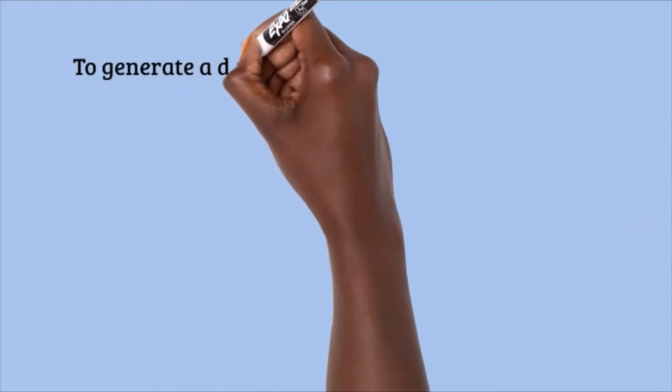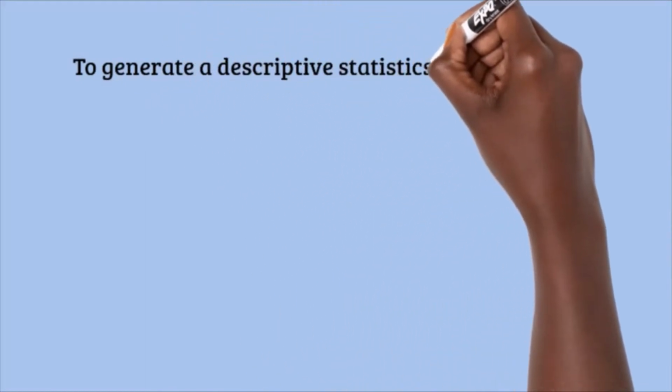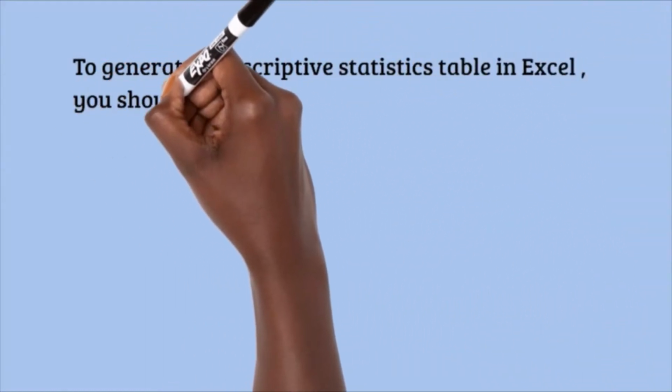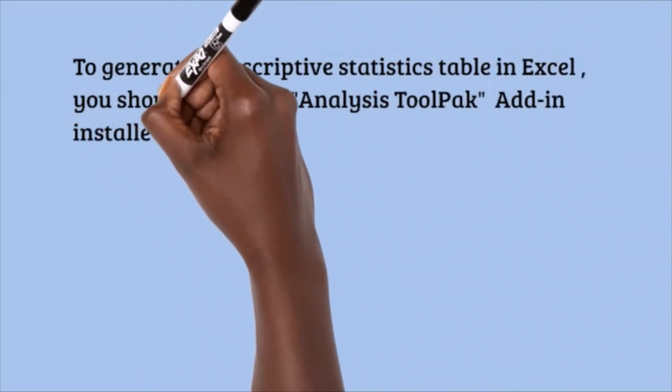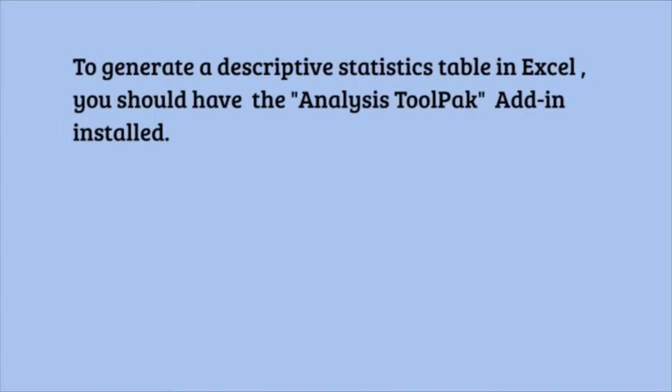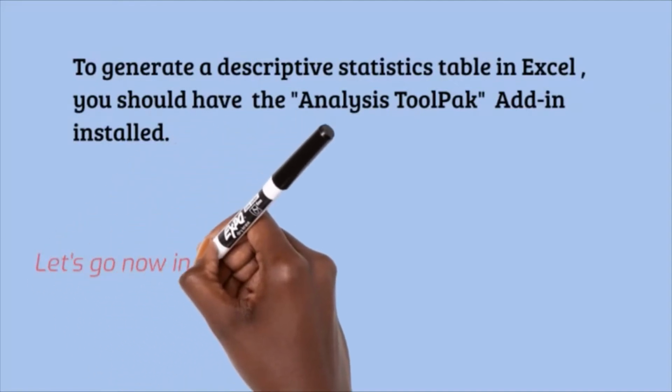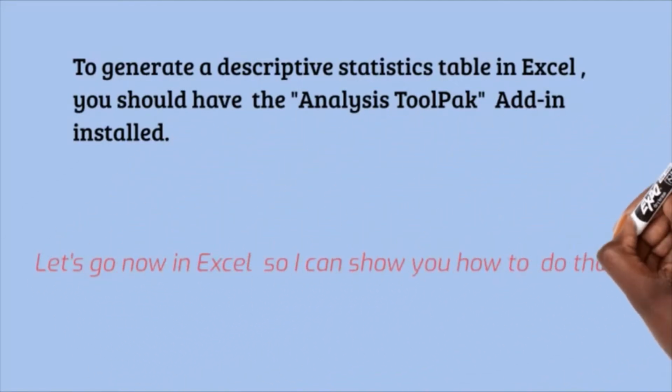To generate a descriptive statistic table in Excel, you should have the Analysis ToolPak add-in installed. So now let's go to Excel to first install the Analysis ToolPak, and then I will show you how to do a descriptive statistic table.